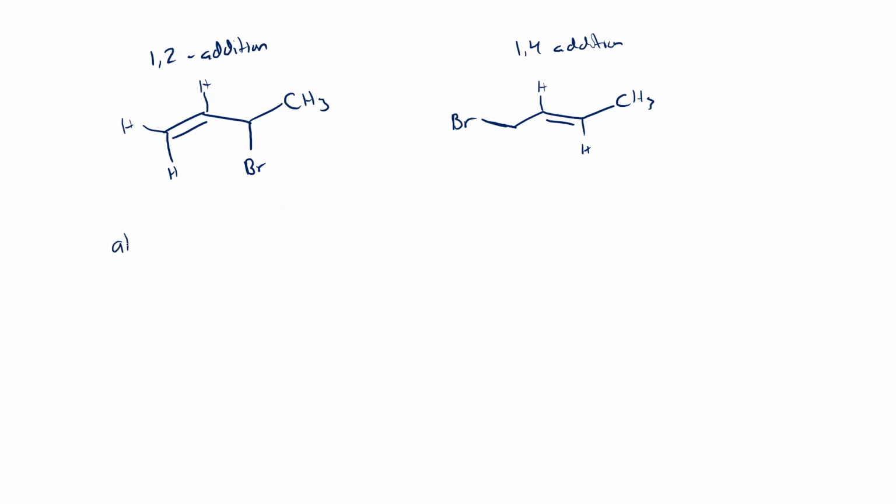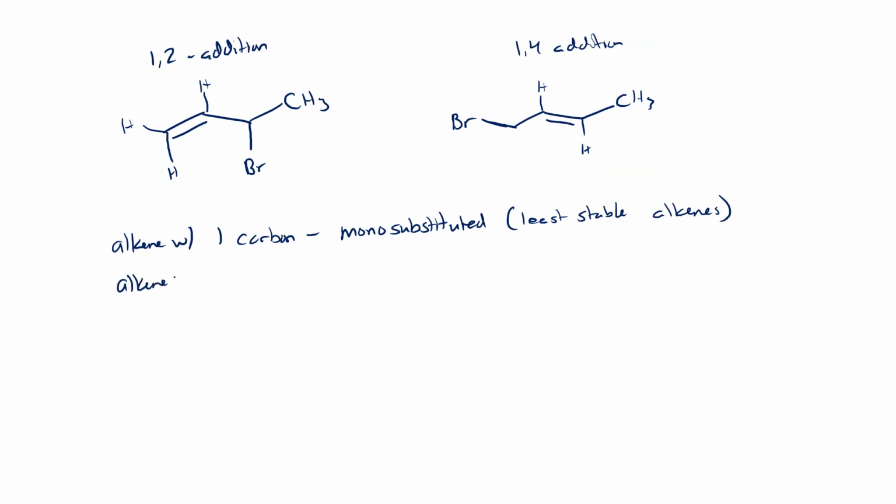So an alkene with one carbon attached, we call this monosubstituted. It has only a single carbon group attached to it. These are the least stable alkenes. Alkenes with two carbons attached are disubstituted.